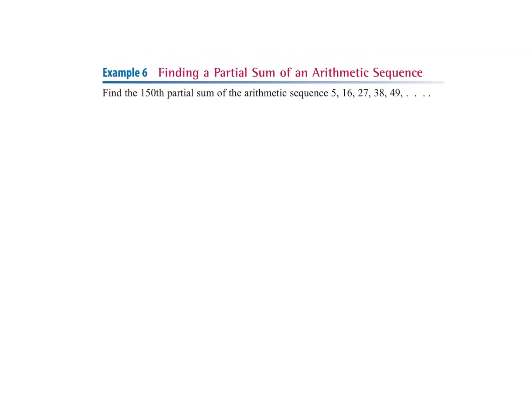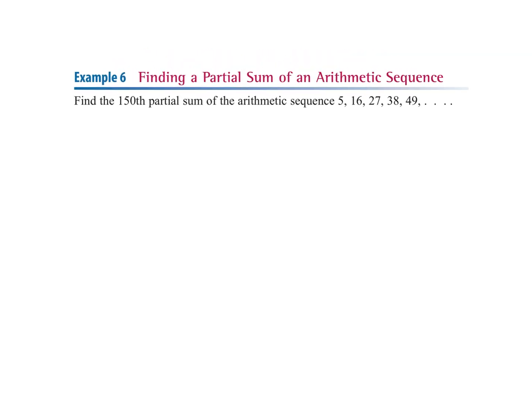Let's look at example 6. So we're going to find the 150th partial sum of the arithmetic sequence 5, 16, 27, 38, 49, dot, dot, dot, meaning that it keeps going. Well, in order to find our partial sum, we need to find what n is equal to, so the number of terms, our first term, and our last term.